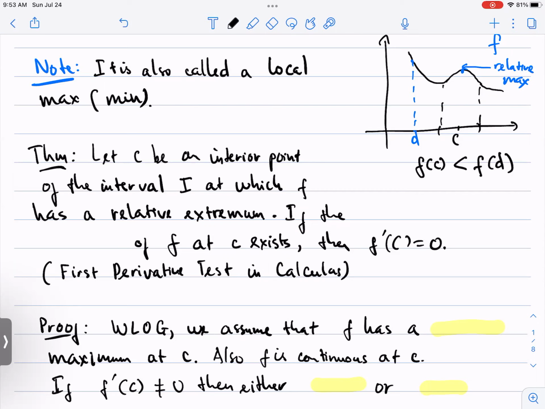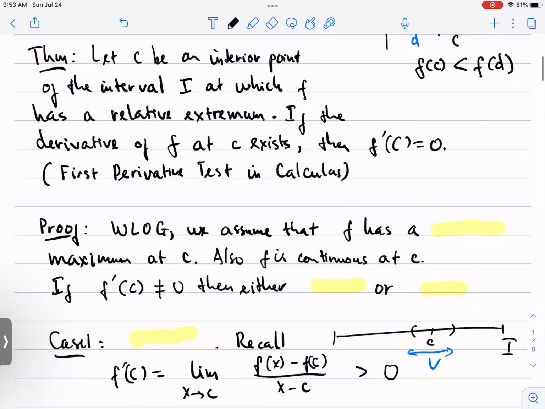If the derivative of the function f at this point C exists, then f prime of C must be equal to 0. So this is called the first derivative test in calculus.